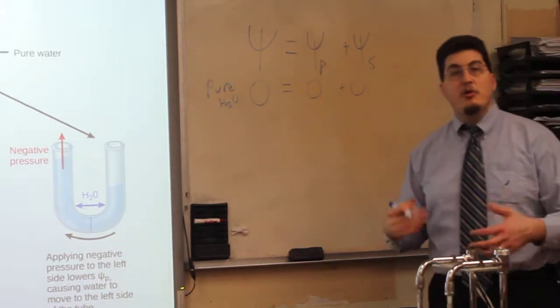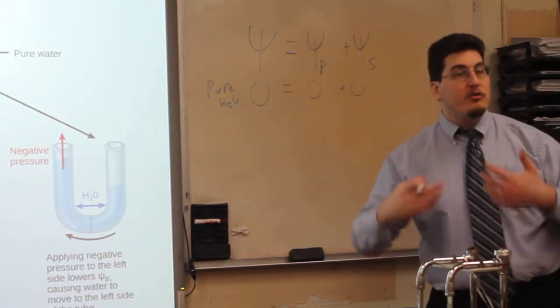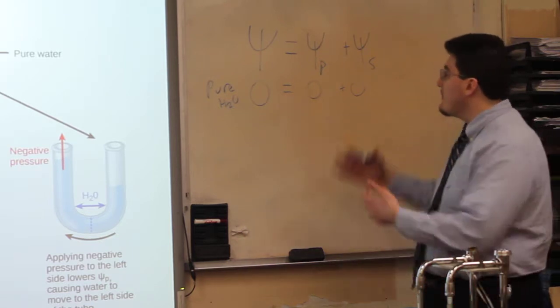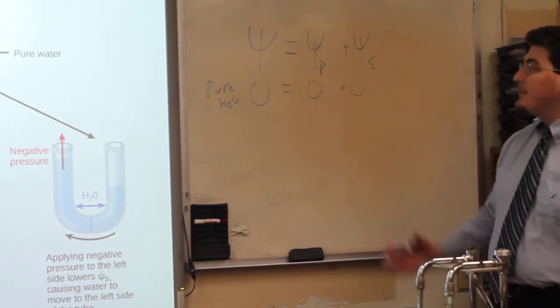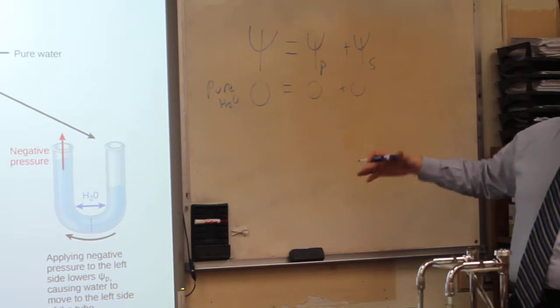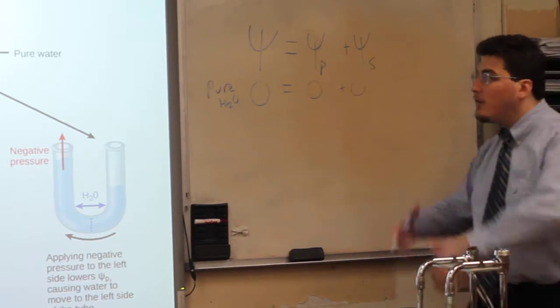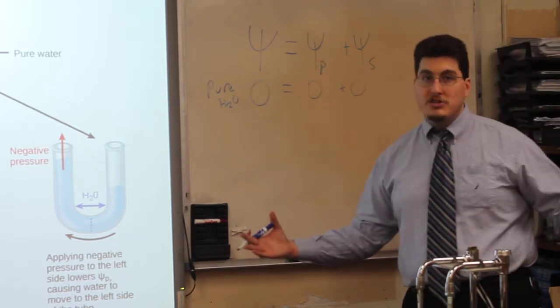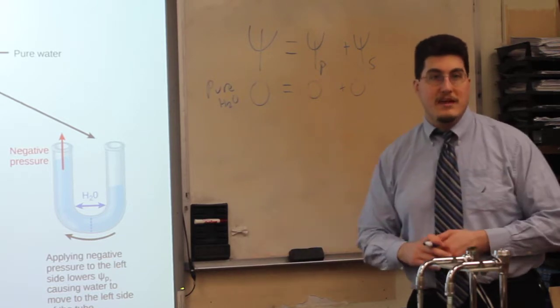So because there is no solute in this water, there is no solute potential. And because we're not putting any pressure on this water, there's no pressure on it. So distilled water under no pressure is 0 water potential.